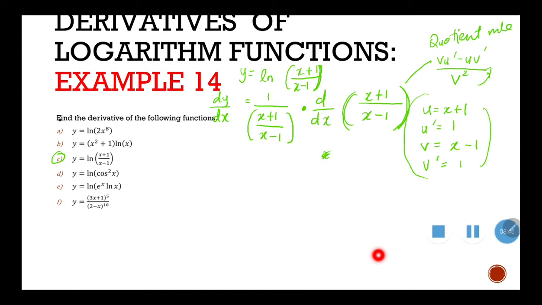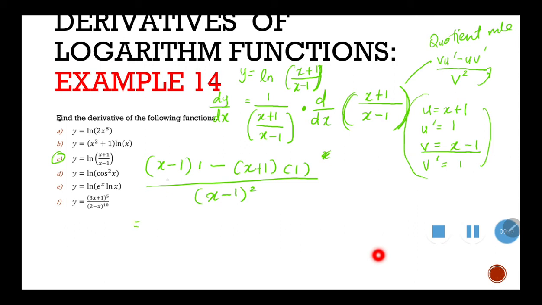x. Okay, where should I do this? Okay, x minus 1 times 1, minus u, x plus 1, times 1 also, over v square, x minus 1 square.